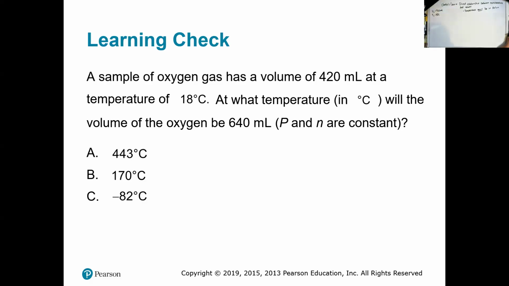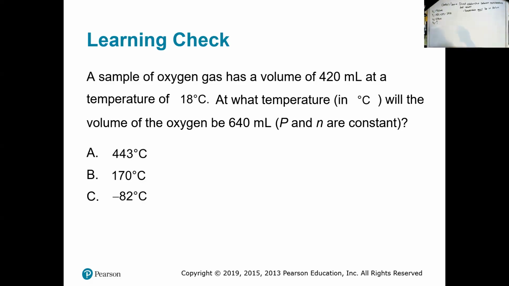And we're going to take that 18 degrees Celsius and add 273 to it, which gives 291 Kelvin. And we want to know the temperature at the new volume of 640 milliliters. So V2 is going to be 640 milliliters, and we are going to be looking for T2.